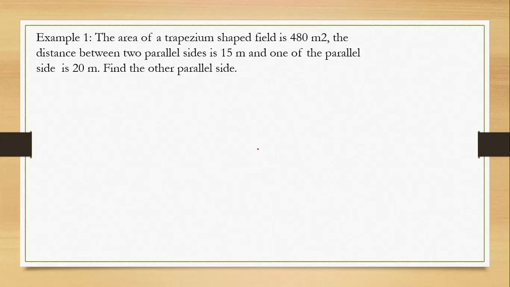Next, move on to the first example of the NCERT book. In the first example, they have given that the area of the trapezium shaped field is 480 meters square. The distance between the two parallel sides is 15 meters and one of the parallel sides is 20 meters, and here they ask us to find the other parallel side.